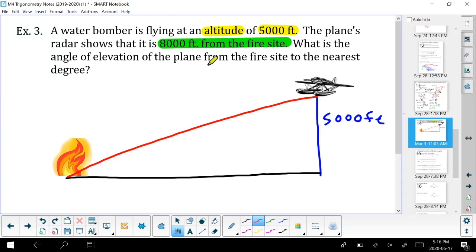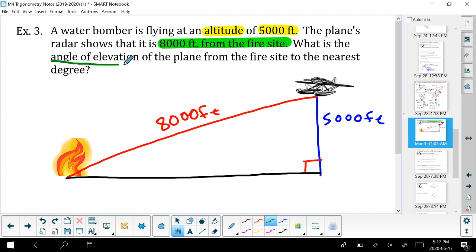It doesn't mention anything about a horizontal distance, so we're going to assume that the 8,000 feet represents this direct distance, otherwise known as our hypotenuse, from the fire site. My right angle is formed using this side and this side here, so directly across, I will have my hypotenuse.